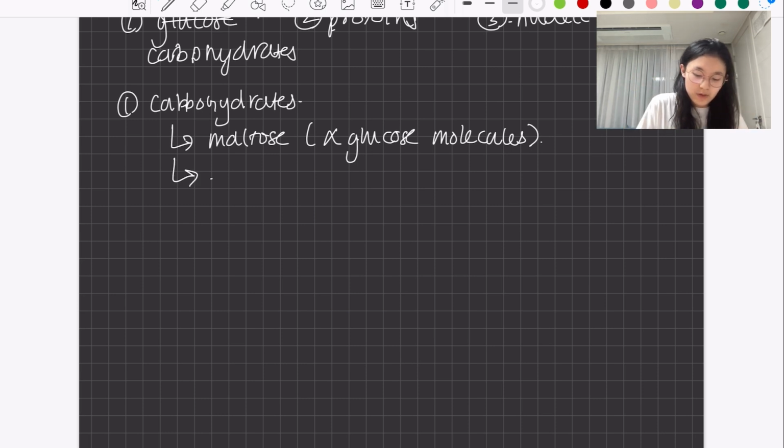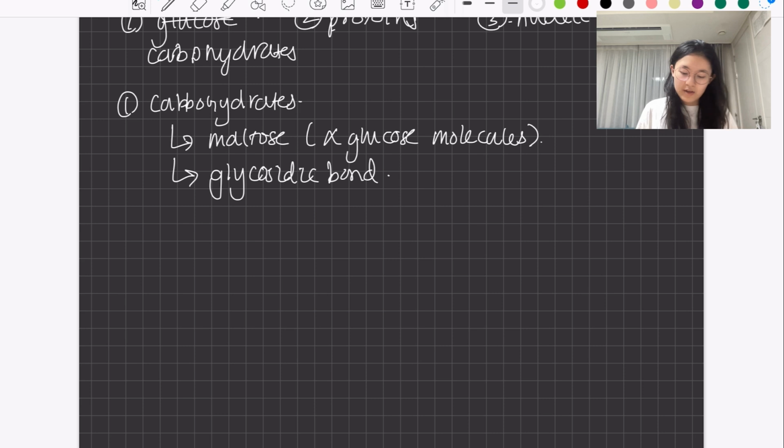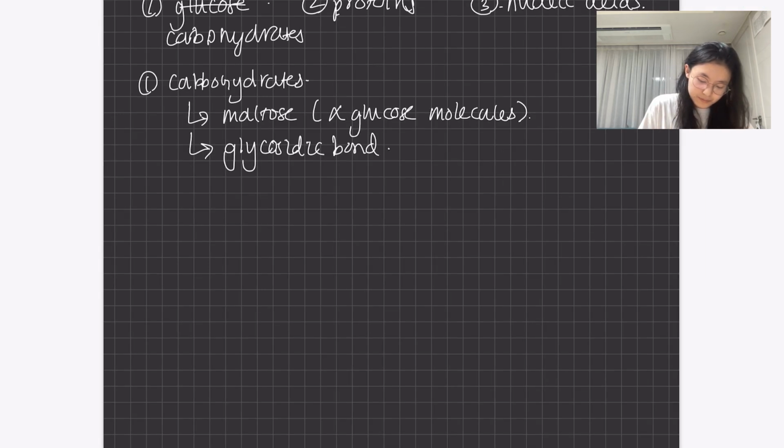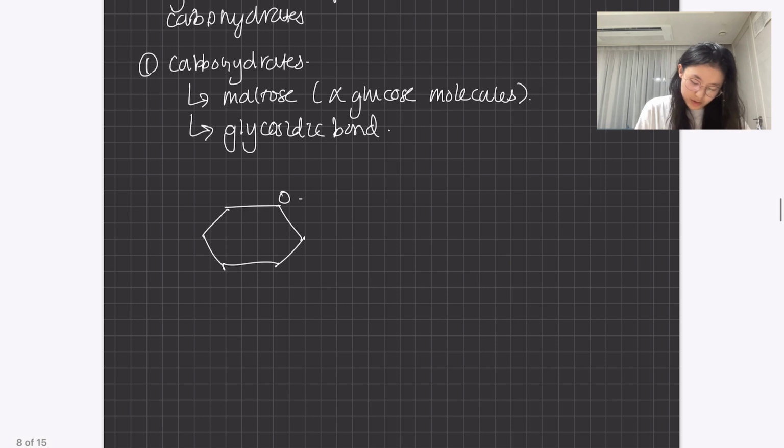And this covalent bond specifically is called a glycosidic bond. I'll draw this in order to show you better how this actually looks. So we're going to have the oxygen group right there.